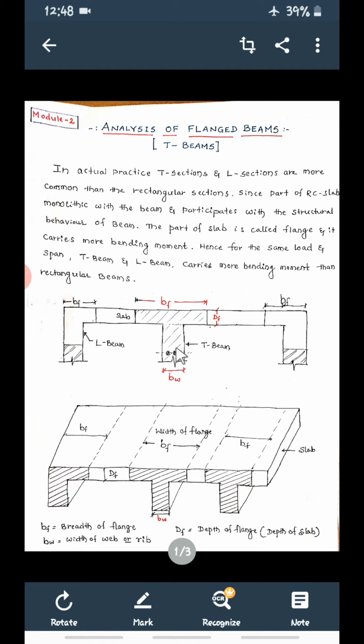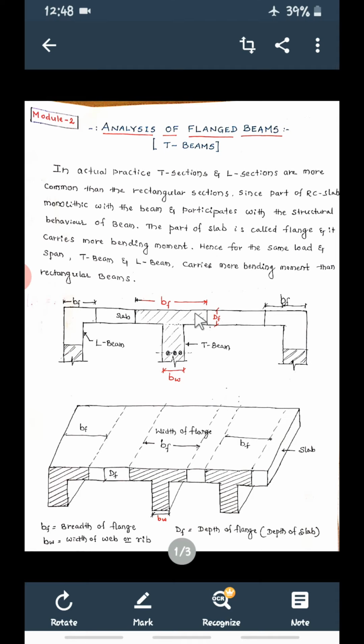So the elements of T beam are, one is this flange, and this will be web or rib. These two are the important elements of T beam. This width of flange is considered as BF, and depth of slab, what you are seeing, this is DF. F indicates flange. This portion is flange.